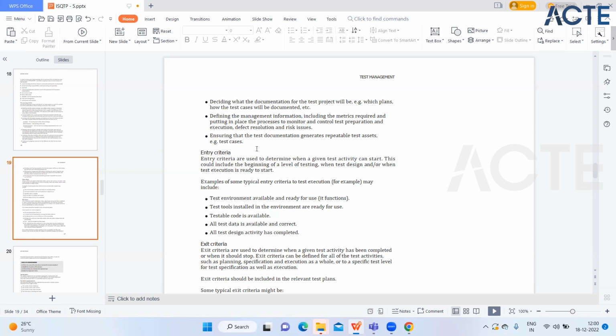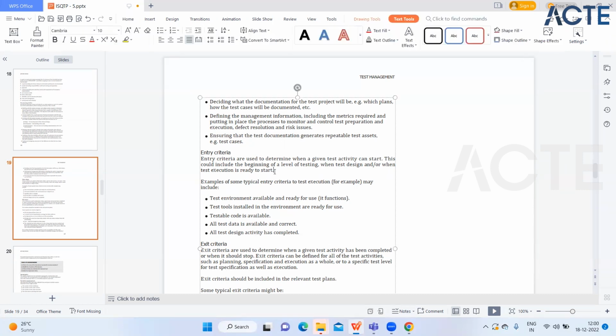Now, what are the entry criteria and exit criteria? Entry criteria are used to determine when a given test activity can start. This could include the beginning of a level of testing, when test design or test execution is ready to start. So remember, in entry criteria we will be starting our testing part. When testing can begin, we define under the entry criteria.